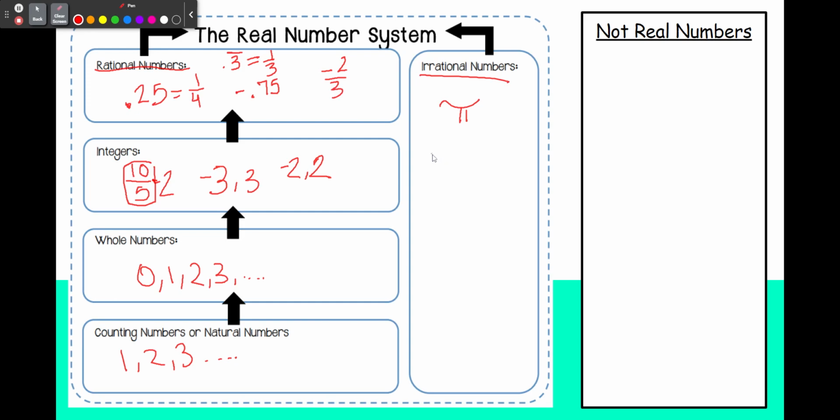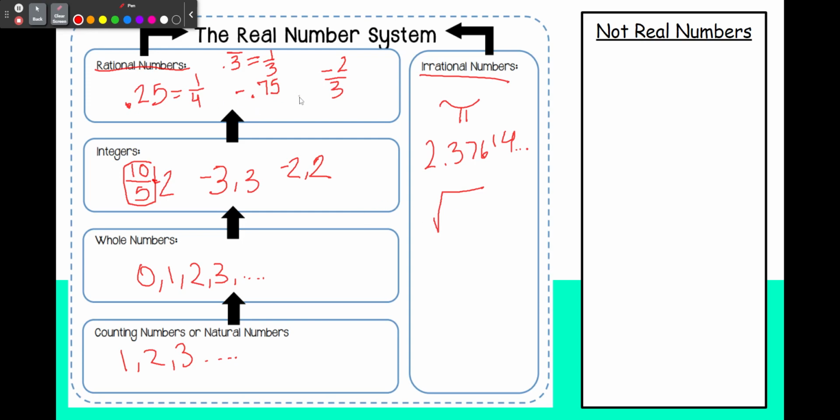If you see a number like 2.37614 dot dot dot, this is called an ellipsis, and it means that it just keeps going on. It doesn't repeat. This is an irrational number. Other irrational numbers that are good to look at are square roots of non-perfect squares.